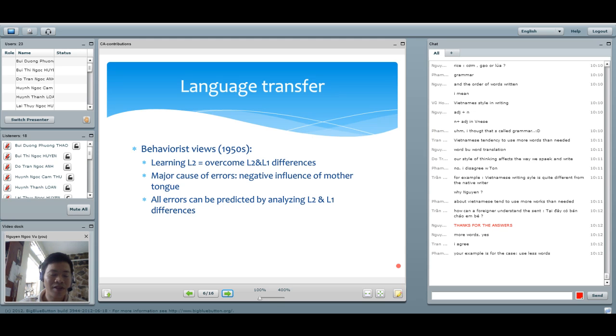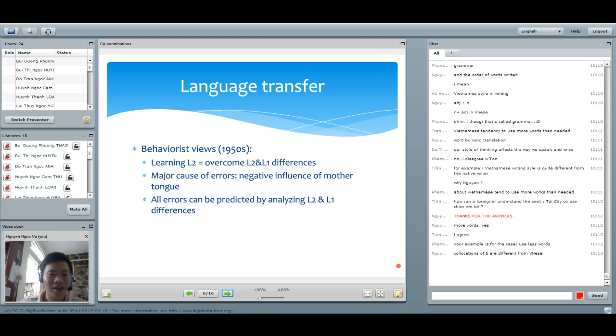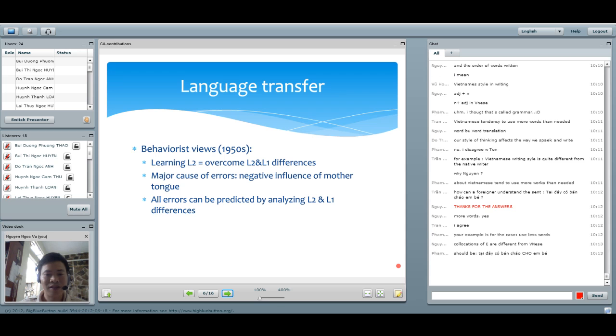These behaviorist linguists believe that learning another language means that you need to overcome the differences between the two languages. And they also believe that the major cause of errors in language learning are the negative influences of the mother tongues. Therefore, these negative influences should be prevented at all cost.